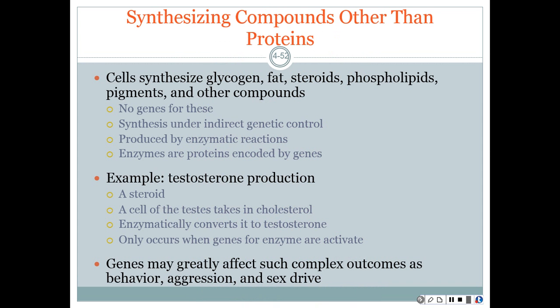Now compounds other than proteins are synthesized in cells and are made through the activity of enzymes, which are proteins encoded by genes. Now there are no genes for stored testosterone, but a cell of the testes is basically going to convert cholesterol into testosterone if the genes for the enzymes are activated.